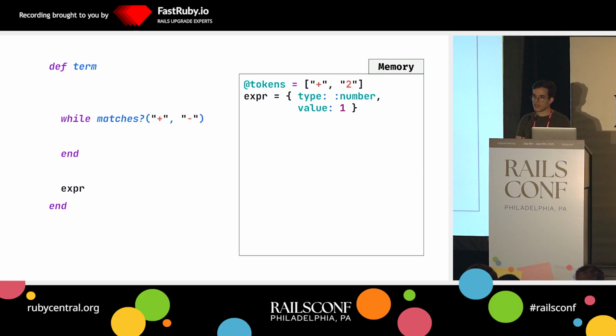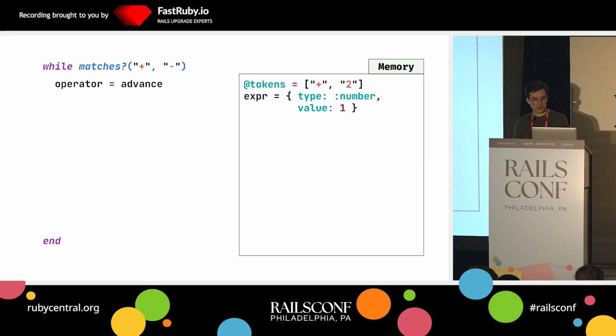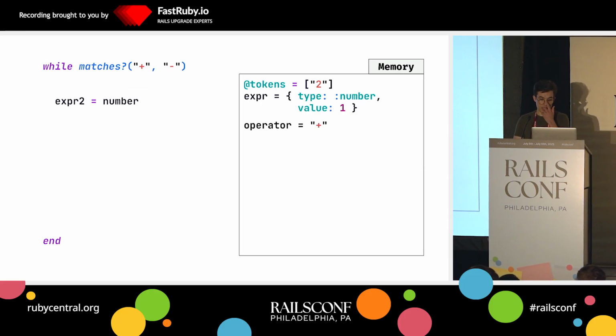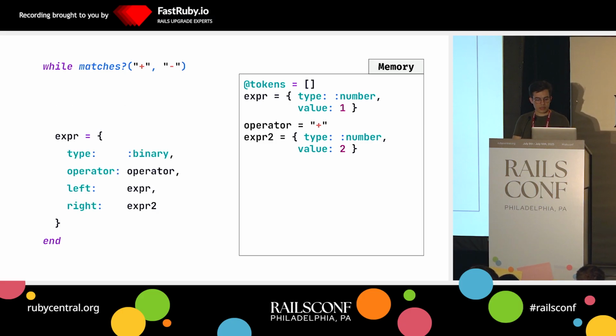Now we check, does the next token match a plus sign or a minus sign? Yes. So we enter the while loop, we advance, we get the operator, in this case the operator plus, and then we try to parse a second number, and we run the code again, but now we receive the number 2. And we'll return now the node binary.